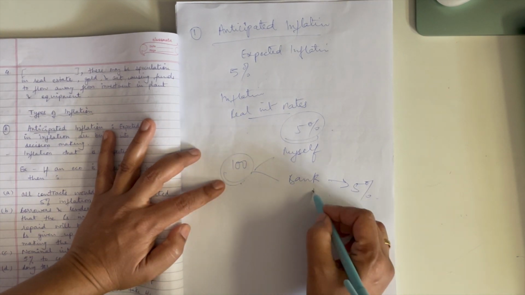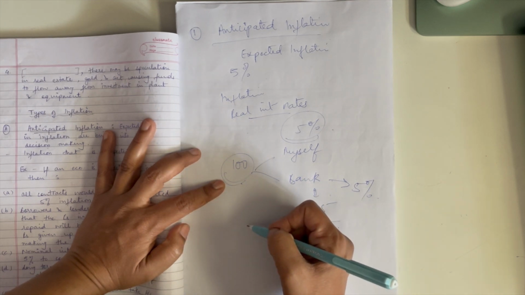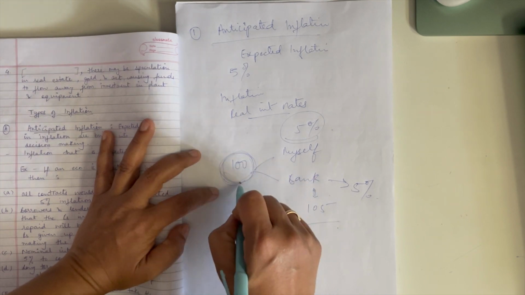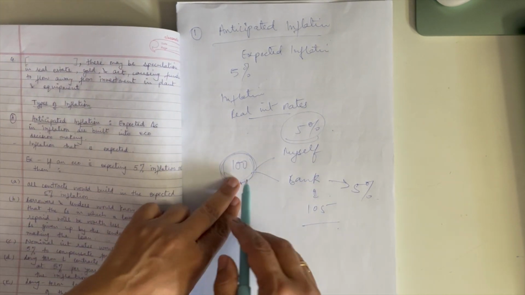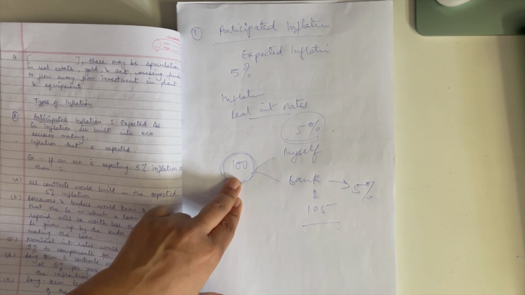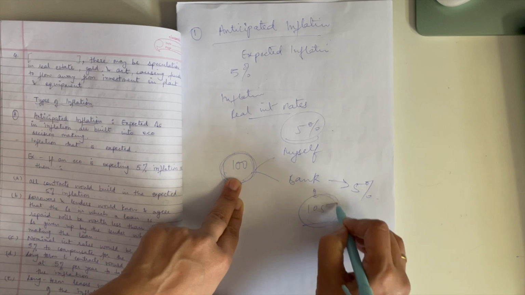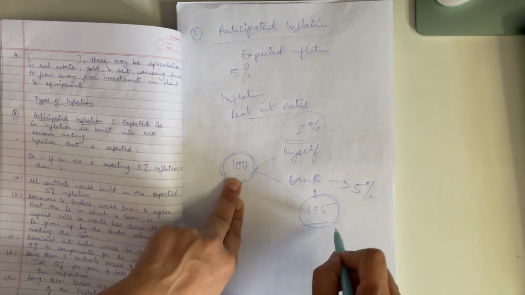So I will get 105 in the bank, let's say. All right, so if I'm keeping this money with myself when the inflation is there, then I am basically foregoing or giving up this extra 5 rupees that I would be getting if I keep this money with the bank.